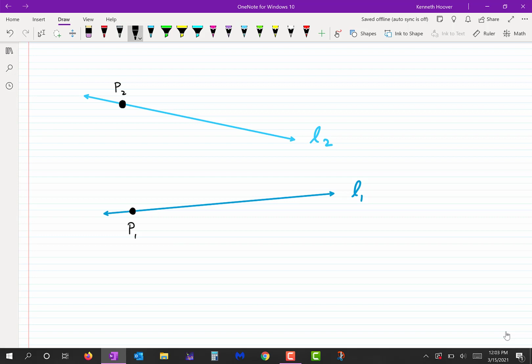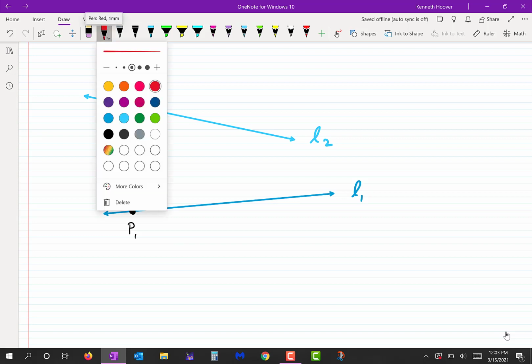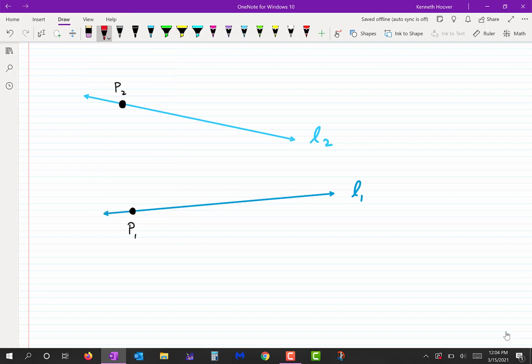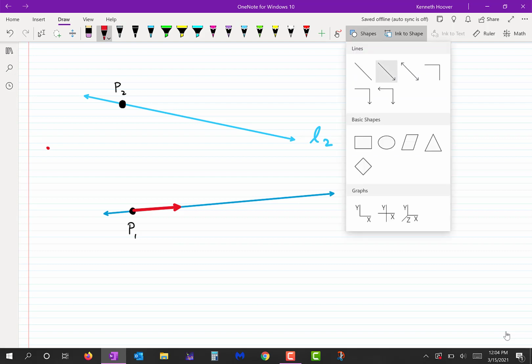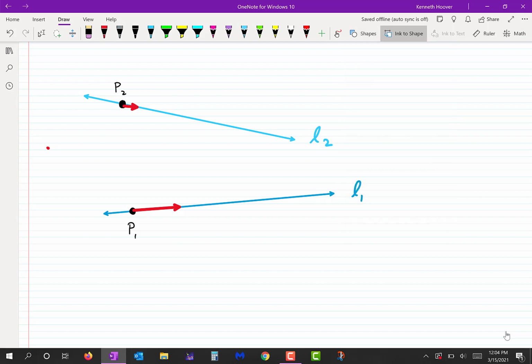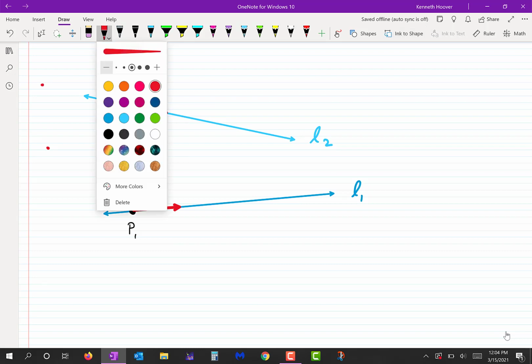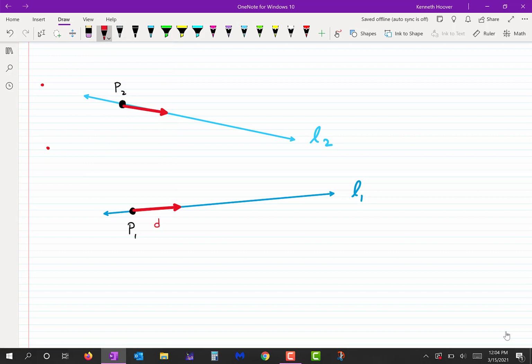And I could also pick out direction vectors. We'll call this one vector D1, and we'll call this one vector D2.